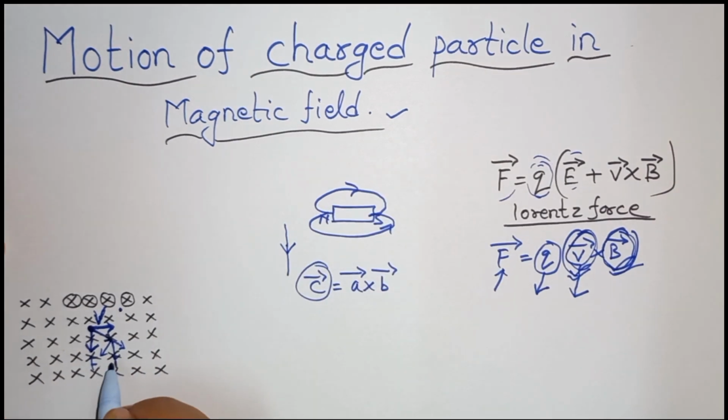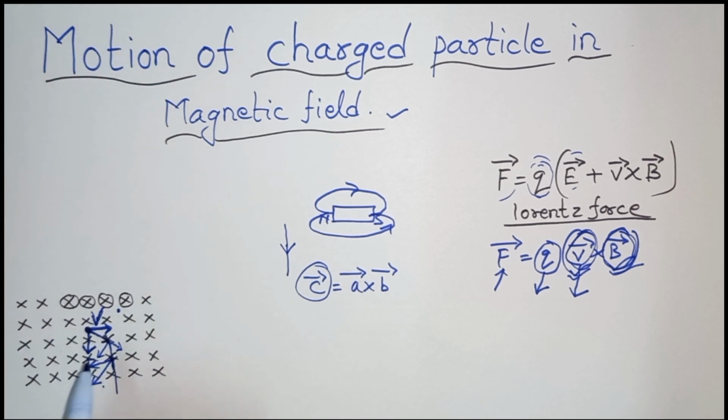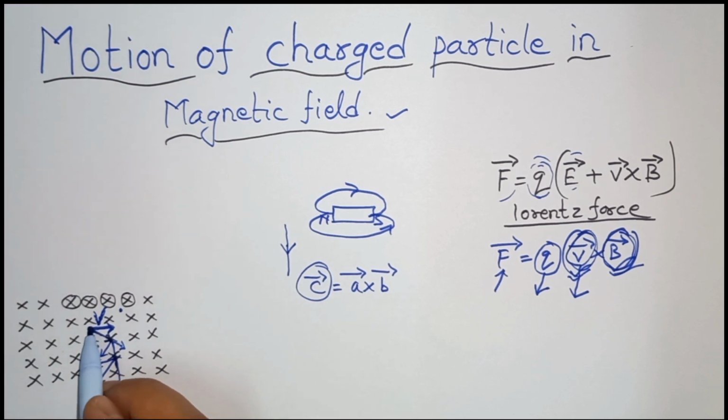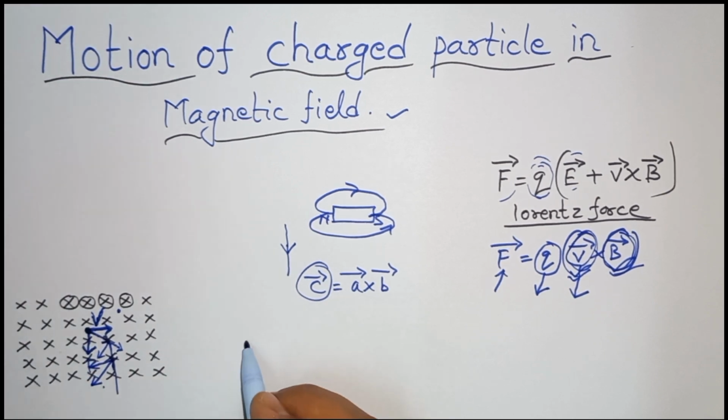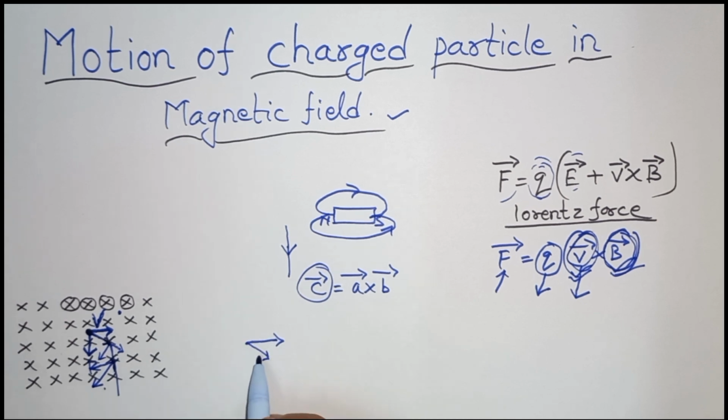So from here, the charged particle will be attracted in the other direction, and the resultant will be here. Before, the charged particle was moving in this direction, and it will be attracted to the other side.